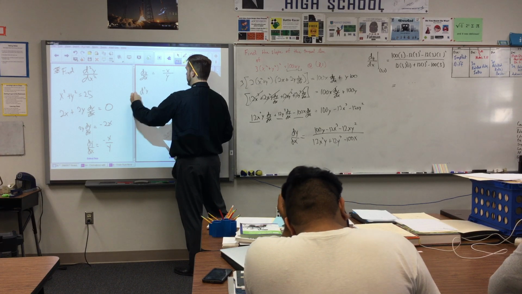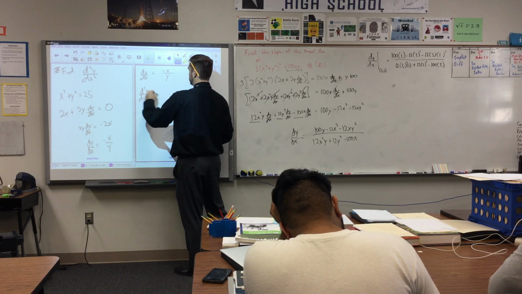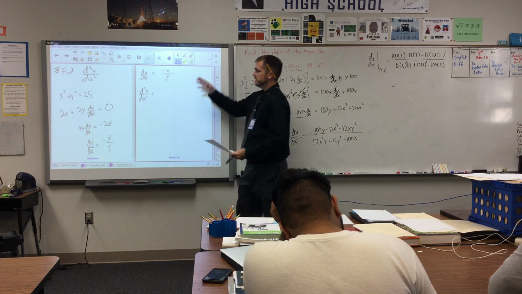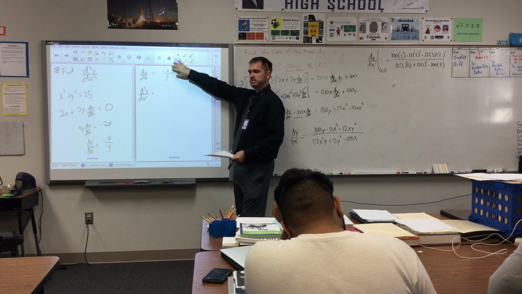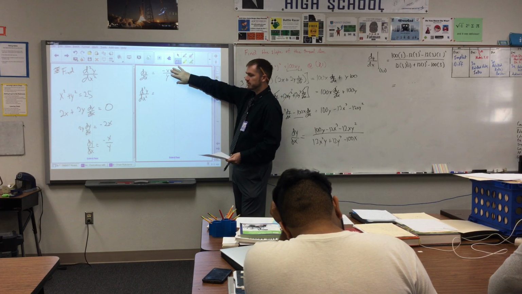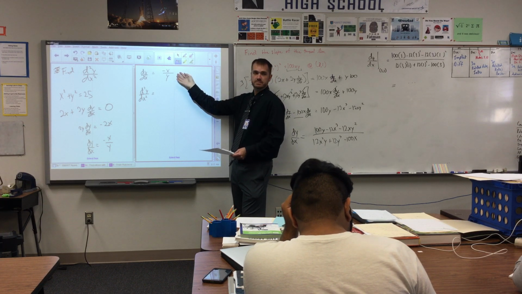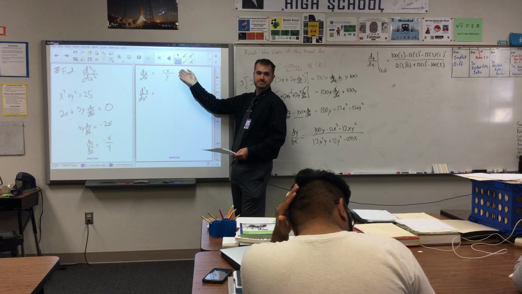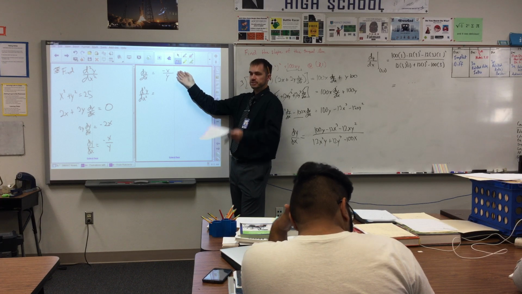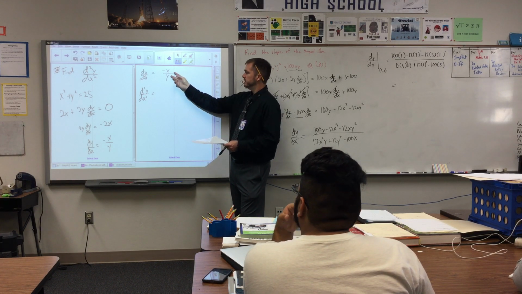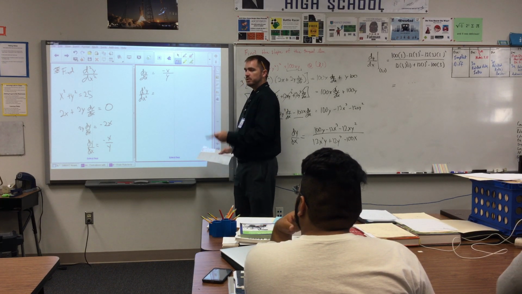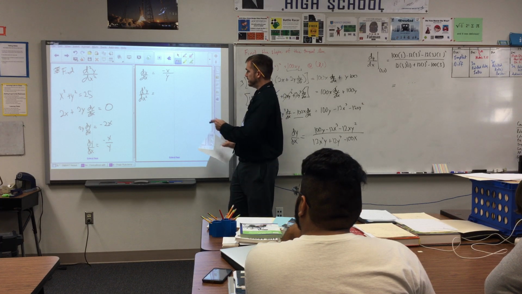So d squared y over dx squared equals, if we're going to take the second derivative, what are you thinking? She says quotient rule, that's right. So yeah, quotient rule. Low d high minus high d low over low squared we go.